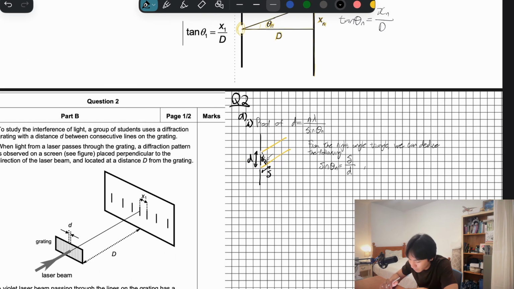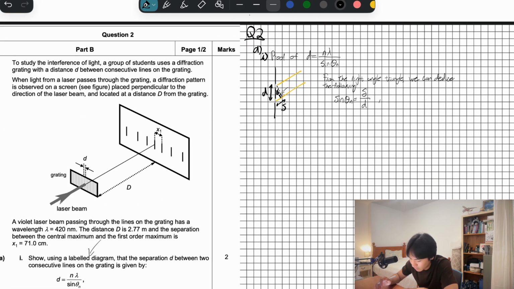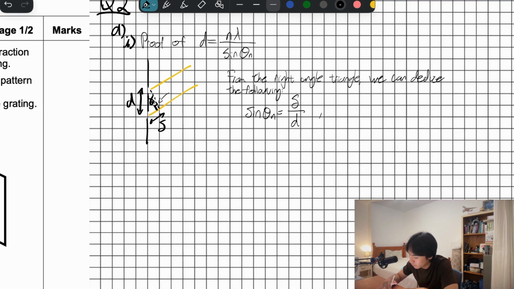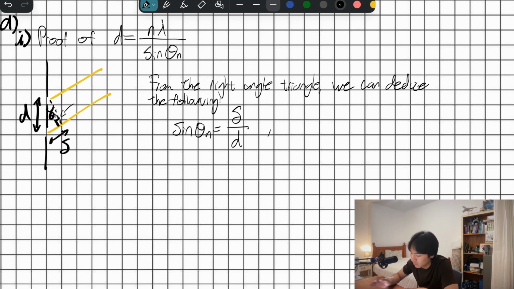And let's just write a bit more detail for this question, because it's worth 2 points, so we want to make sure we capture every point. But if you're short on time, you don't have to write this.